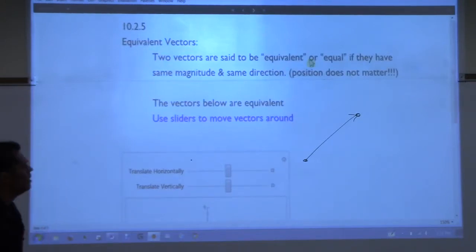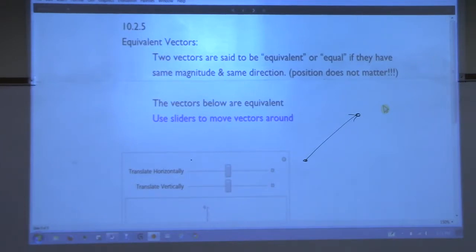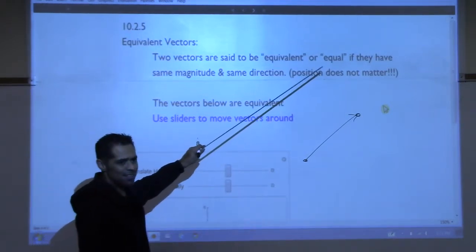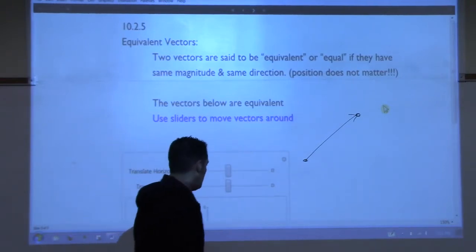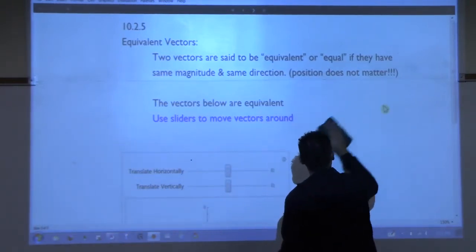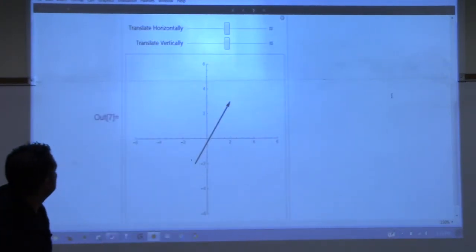All right. Equivalent vectors. Two vectors are said to be equivalent or equal if they have the same magnitude and the same direction. Position does not matter. This is what makes vectors vectors and not line segments. They can be anywhere. So look at this vector right here.